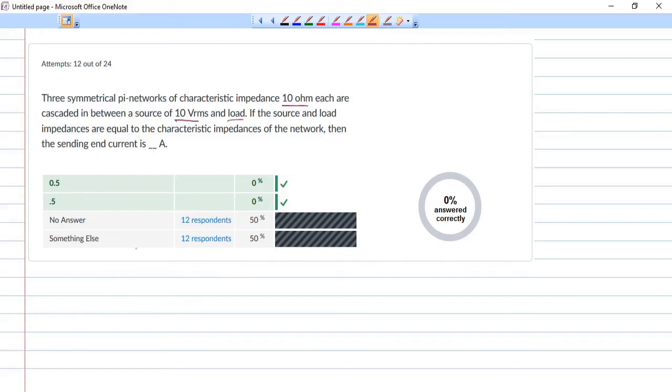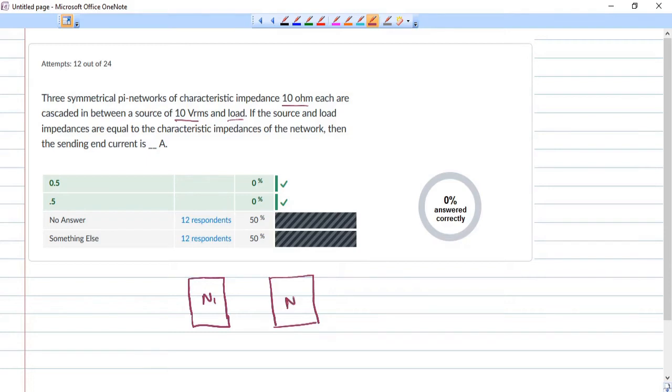So we are having three symmetrical pi networks, let us say N1, N2 and N3. They are cascaded in between a source of 10 VRMS.